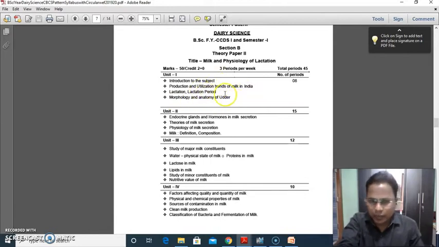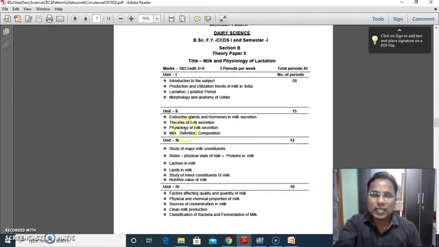Means under this point, we are going to study in detail the structural and functional study of the udder. The udder is the important organ which produces the milk. So in this unit we are going to study in detail the structure and morphology of the udder.